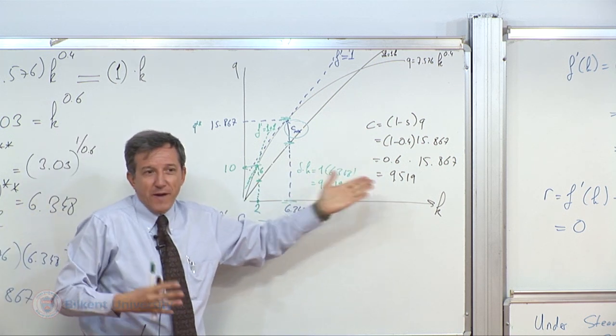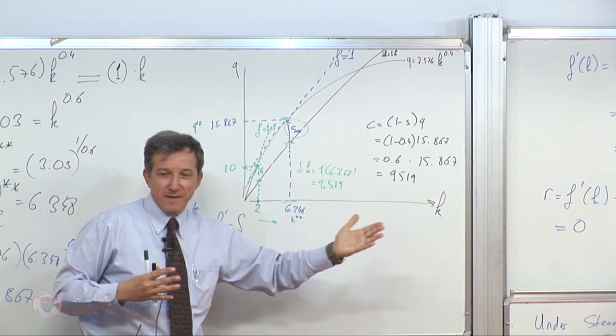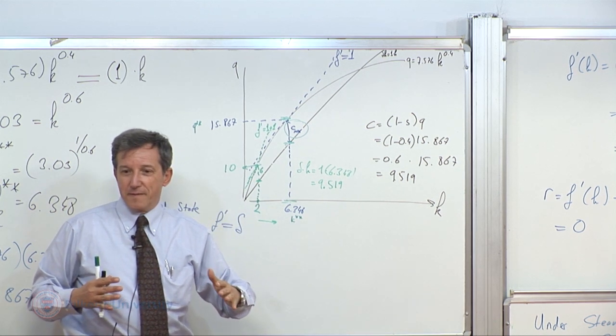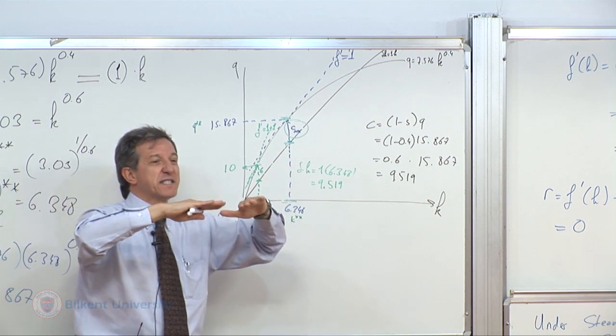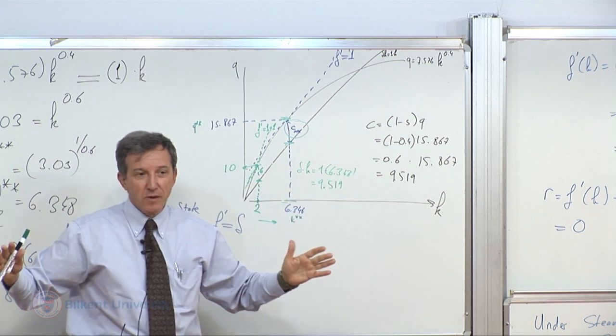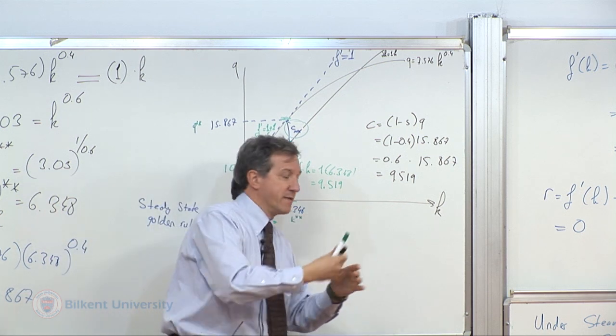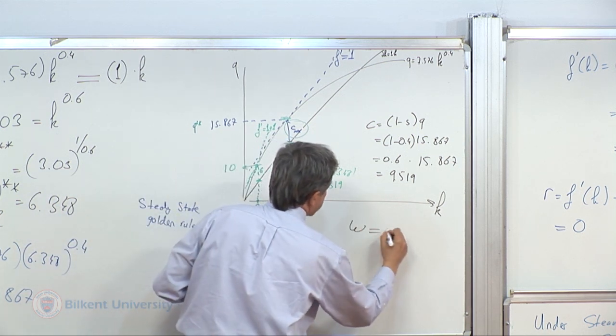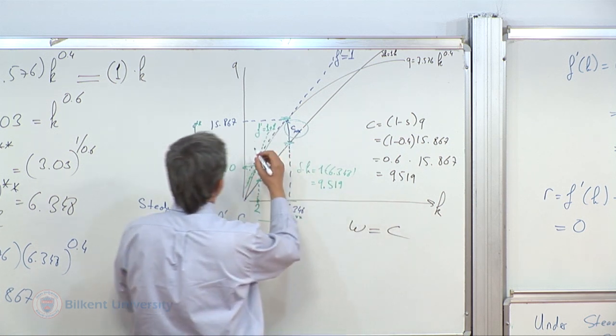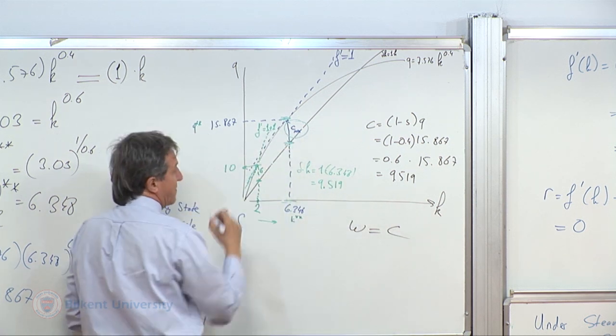It's equal to consumption. Wages is equal to consumption, because it is the subsistence level. Bravo. Because wages are always at the subsistence consumption level. Whatever consumption is, wages are driven to that magnitude. So wages is C, and it turns out to be that magnitude.